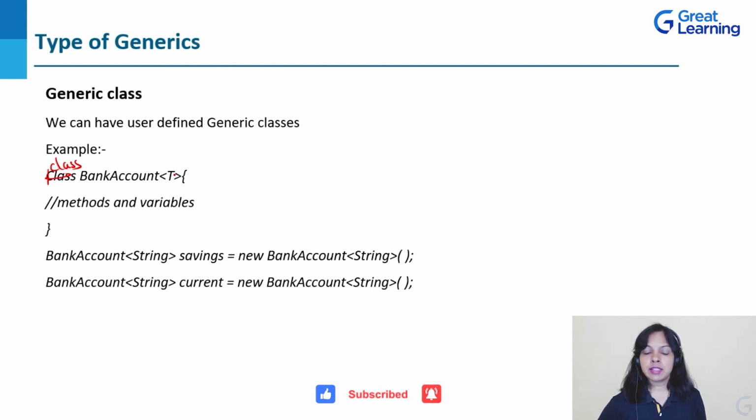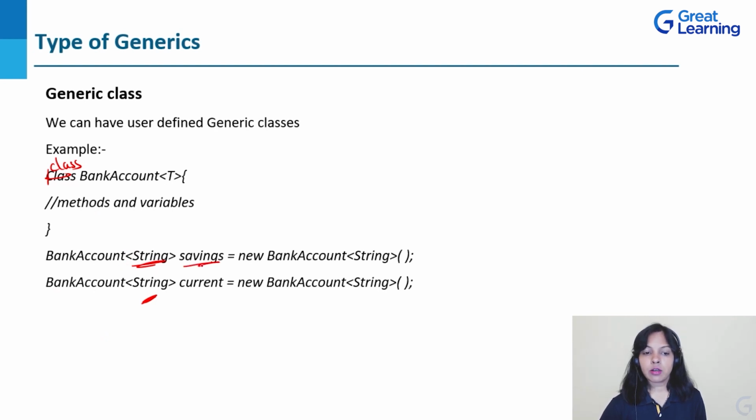So T represents that. There are different capital letters used like this, and T here represents the type parameter. Inside this, you can have your different methods and variables. Now, while creating the object of this class, you have to specify the type every time. So BankAccount, the class name, and then in the angular bracket, the type specified as String.